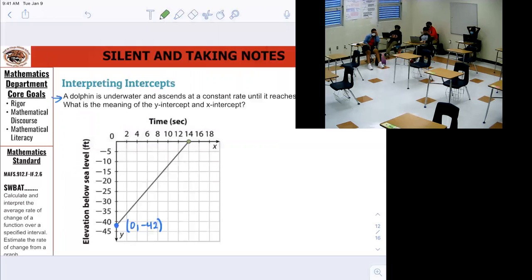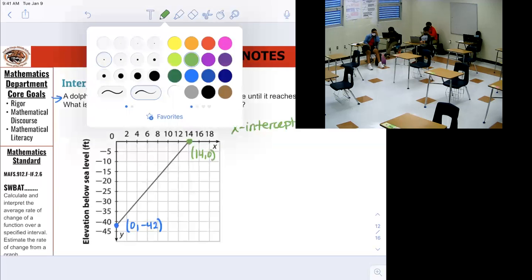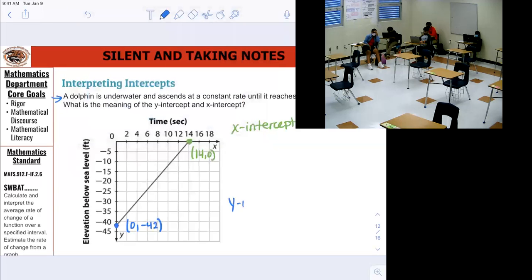So this is 14, 0. So my x-intercept is 14. What are my units? Seconds. And my y-intercept is negative 42 feet.